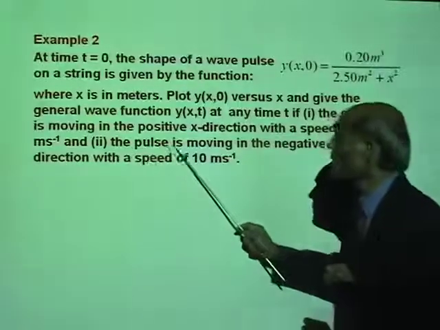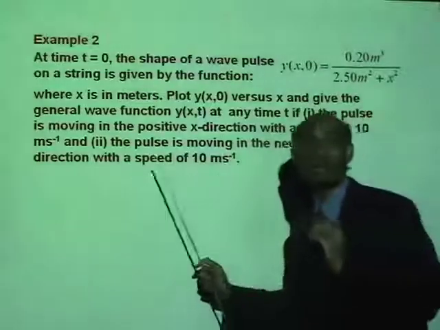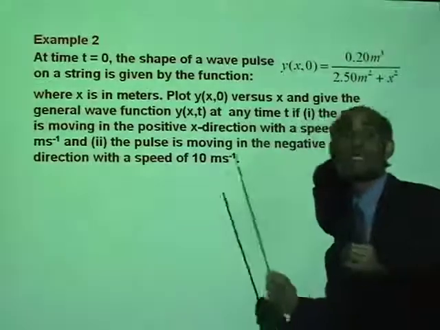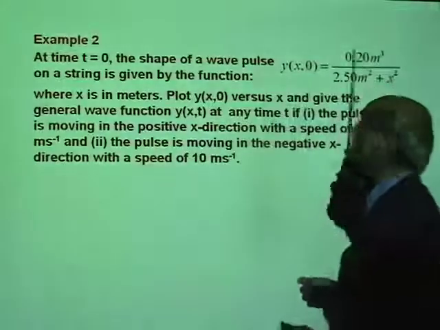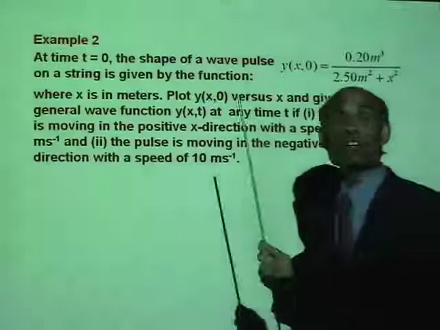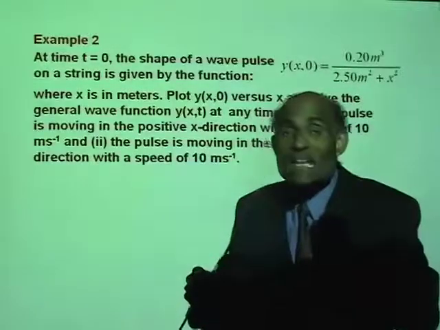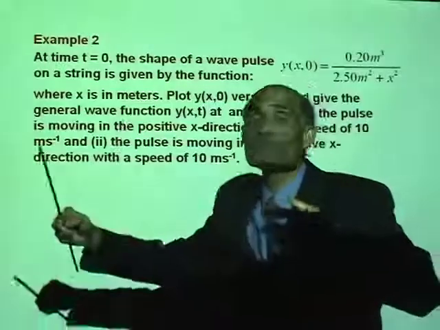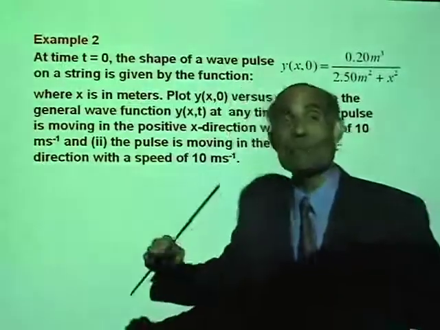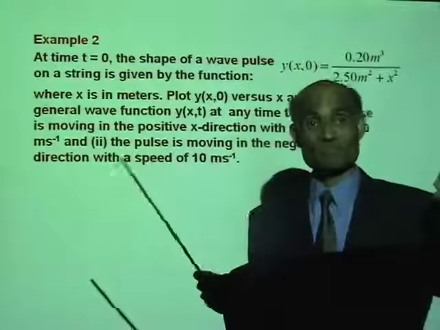And 2, the equation for a pulse that is moving in the negative x direction with a speed of 10 meters per second. You see, if this is the general equation of a wave pulse, how would you make it appear as a wave equation that describes an advancing wave, whether it is advancing to the right or to the left?